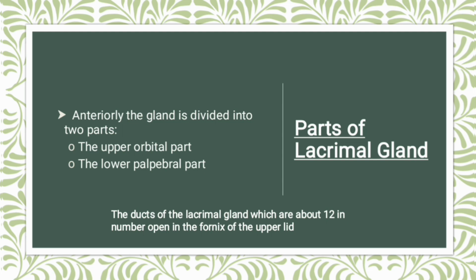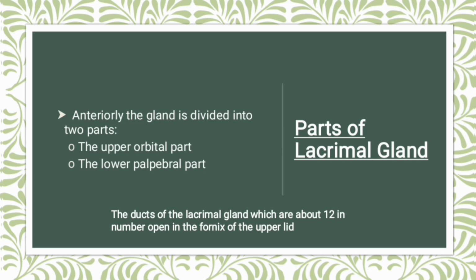Both of the parts are attached posteriorly but are divided anteriorly, making two different parts. One is the upper orbital part, which lies in the orbit, while the lower one, the smallest one, is the lower palpebral part, which lies near the palpebral or eyelid region, right?